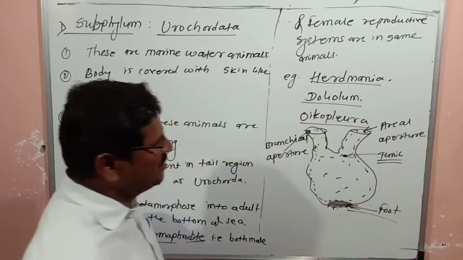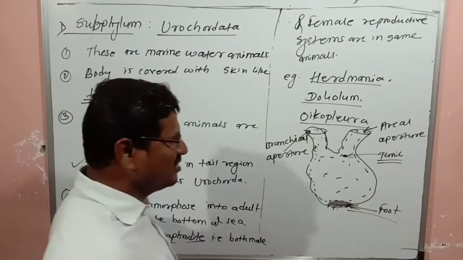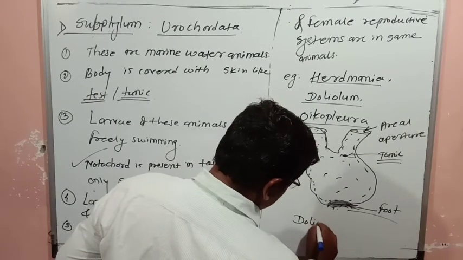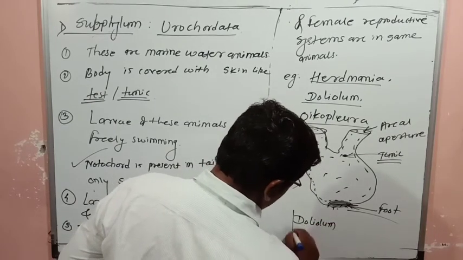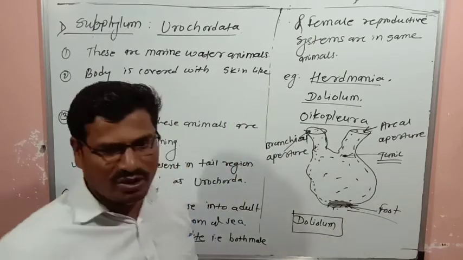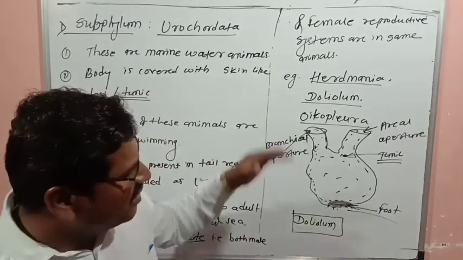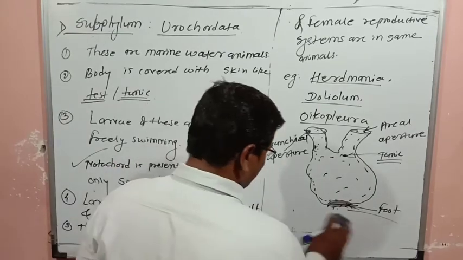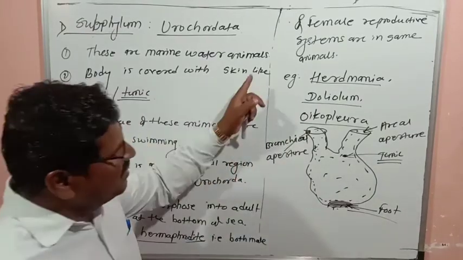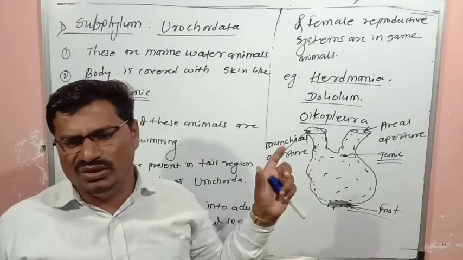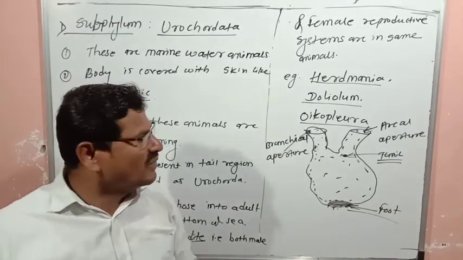So this diagram is of Doliolum, or you can take Herdmania. So this is the diagram of Chordata.